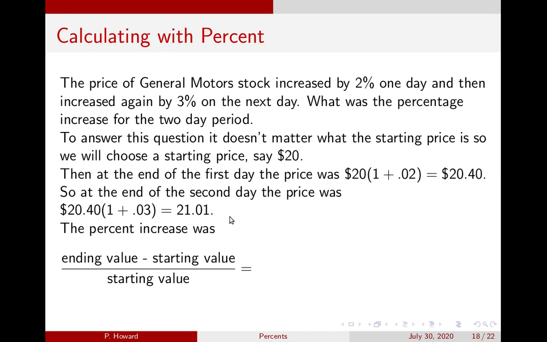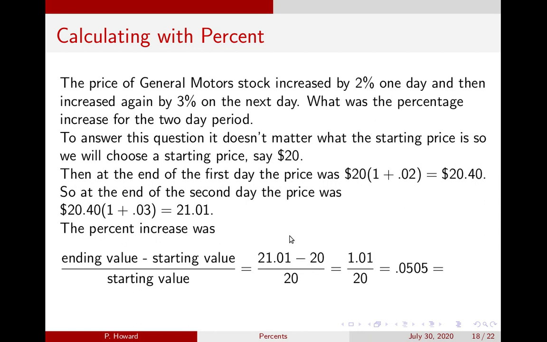Okay, now we are asked for the percent increase in this problem. The percent increase, as we know, is the ending value minus the starting value divided by the starting value. Okay, so for the two-day period, the ending value was $21.01, and the starting value was $20.